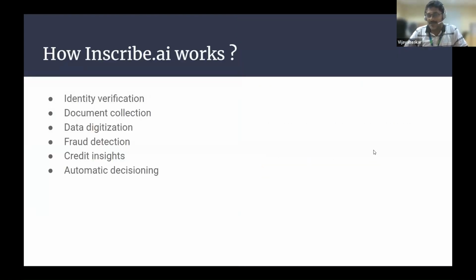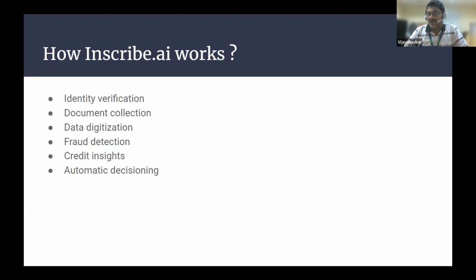So basically, what happens is, we have insurance agents who work on behalf of customers. What they do is they create customer information and upload all the documents presented by the customers.